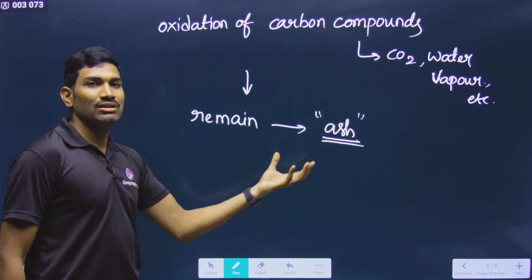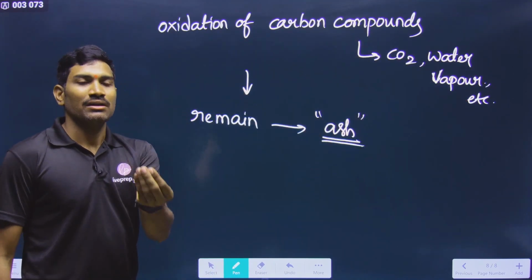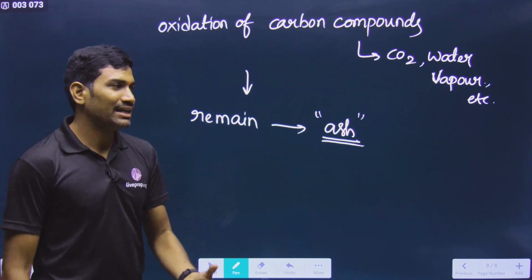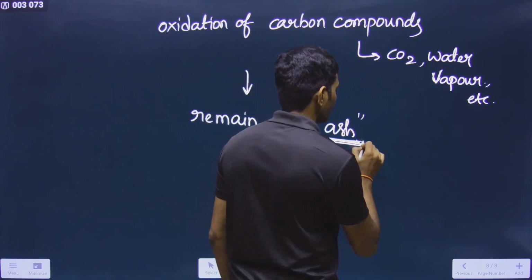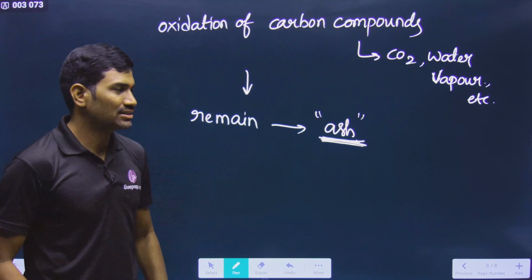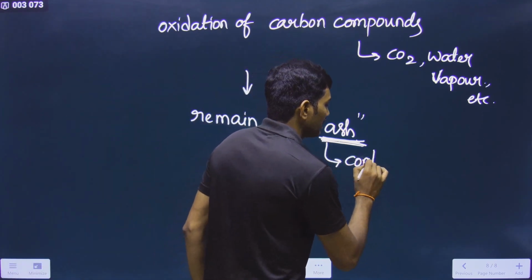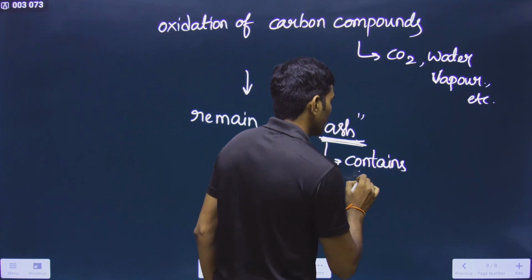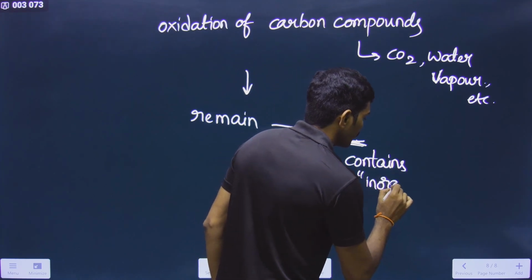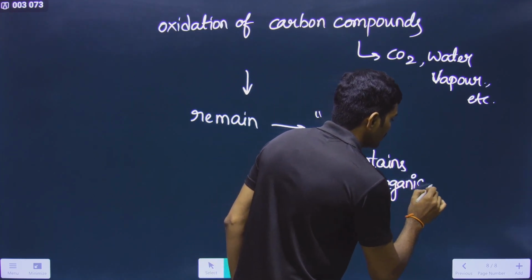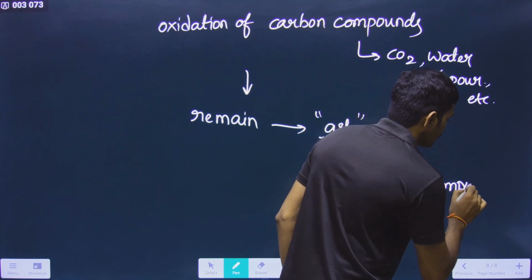And then whatever white or grayish powder we get is called ash. And technically, what does this ash contain? This ash contains inorganic compounds.